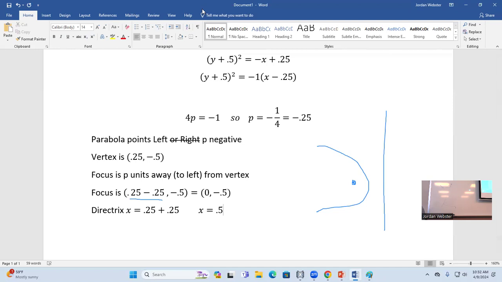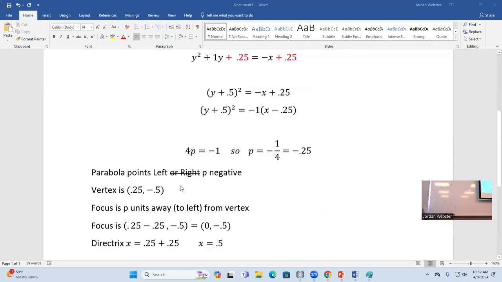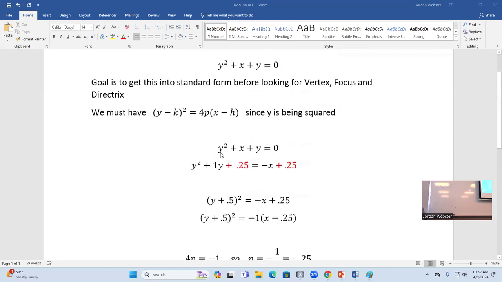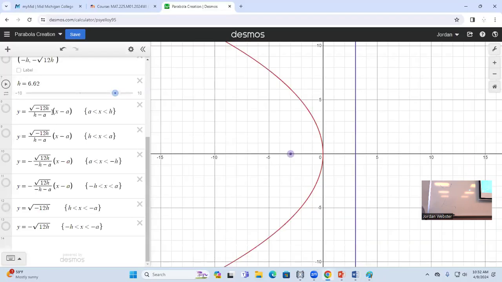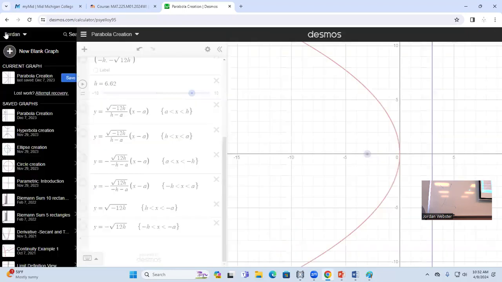I can always check this, if I want to, by going to something like Desmos and graphing that original equation, y squared plus x plus y equals 0.